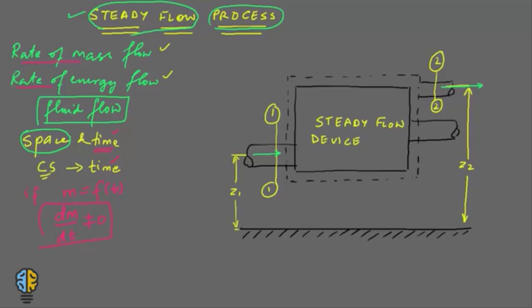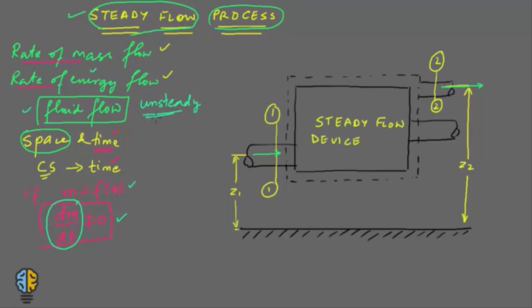There will be a dependency of the rate of flow of mass on time, so the variation of mass with respect to time would be a non-zero quantity. This kind of flow, where the mass flow, the energy flow and any thermodynamic property of the fluid flow depend upon time, is called unsteady fluid flow.